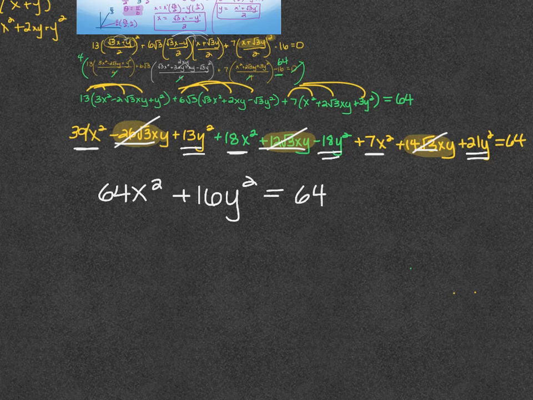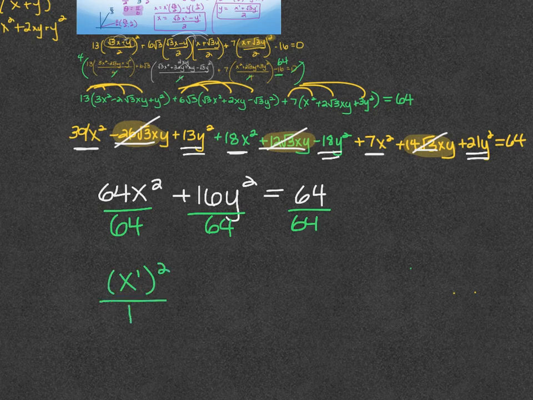So all that work gets you back into your pretty standard form. Divide everything by 64. Make sure you put your primes back in. So x prime squared over 1 plus y prime squared over 4 equals 1.